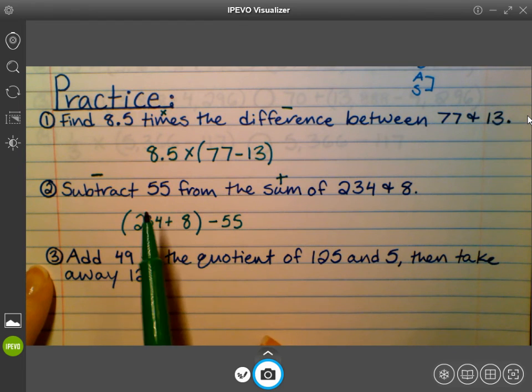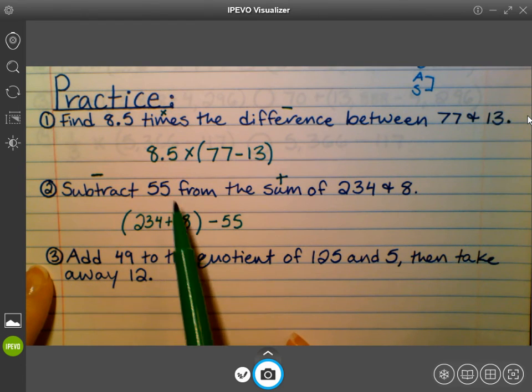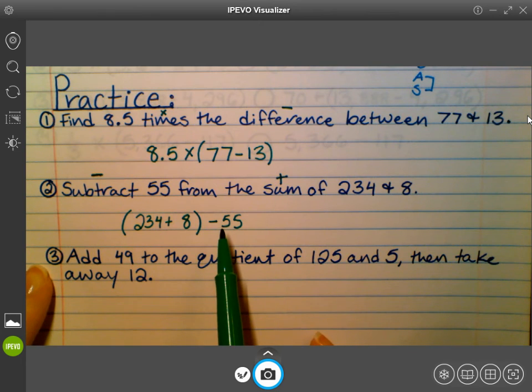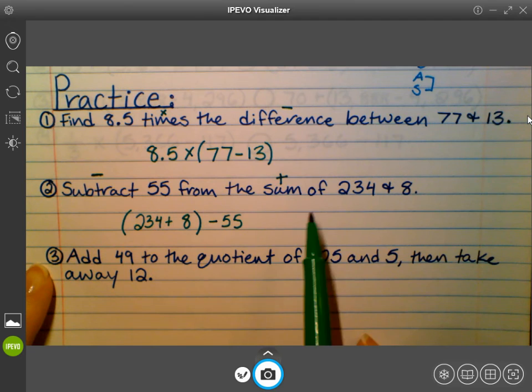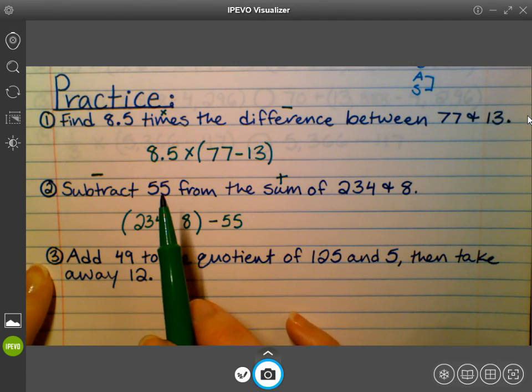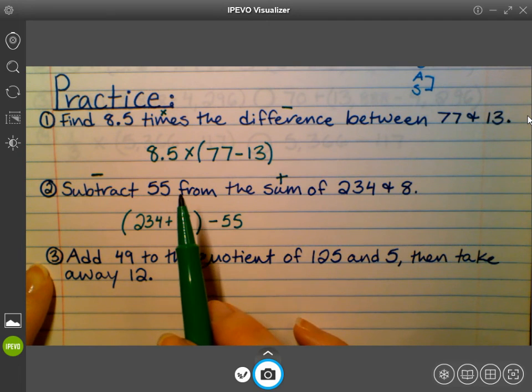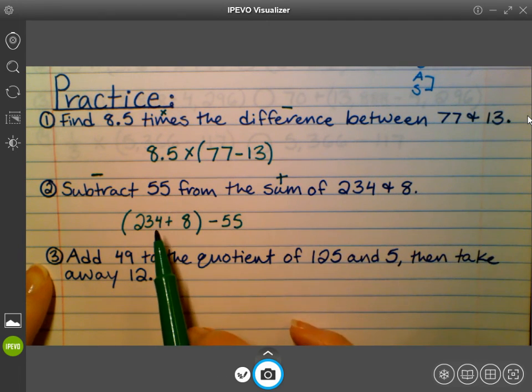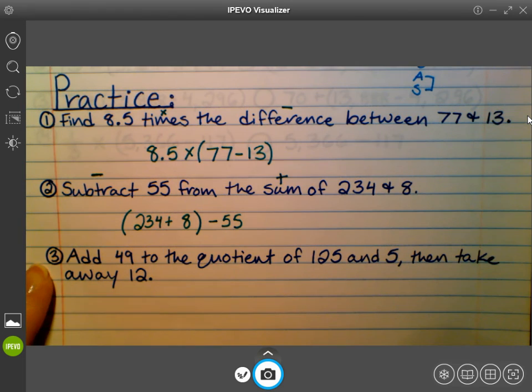We're taking this and subtracting 55 from it. So you need to have the minus 55 on the right side. We're not starting with 55 and subtracting the sum of 234 and 8. We're subtracting 55 from 234 plus 8. So we need to have 234 plus 8 minus 55. That one was definitely tricky.